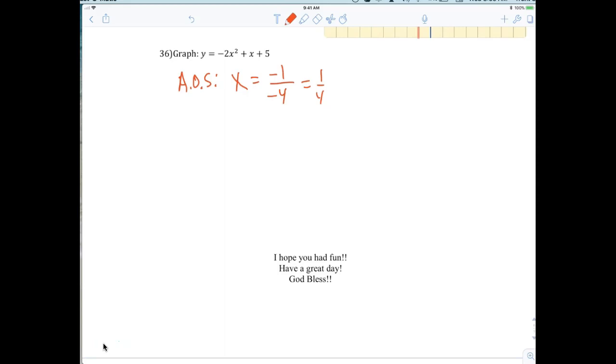So now, be careful. Vertex: y equals -2 times (1/4) squared plus 1/4 plus 5. Everybody okay with that?